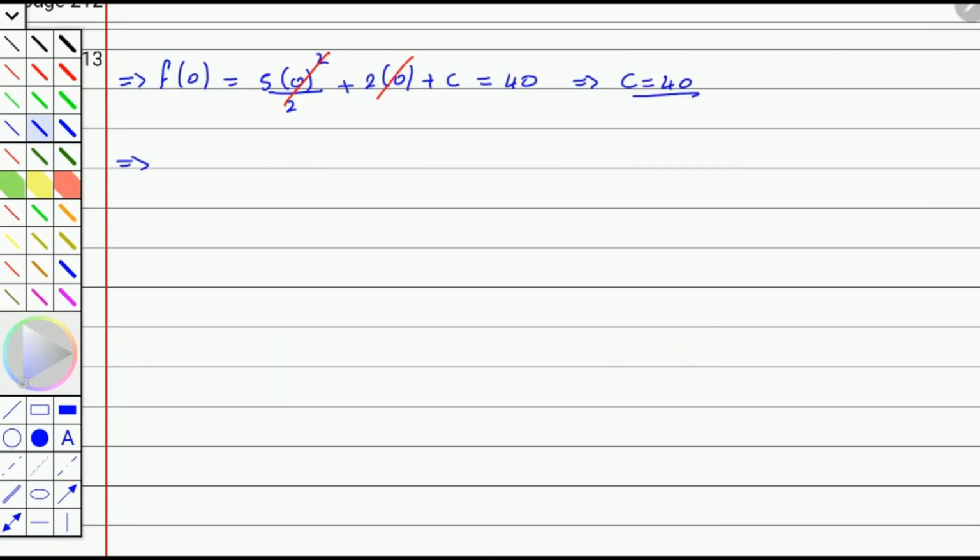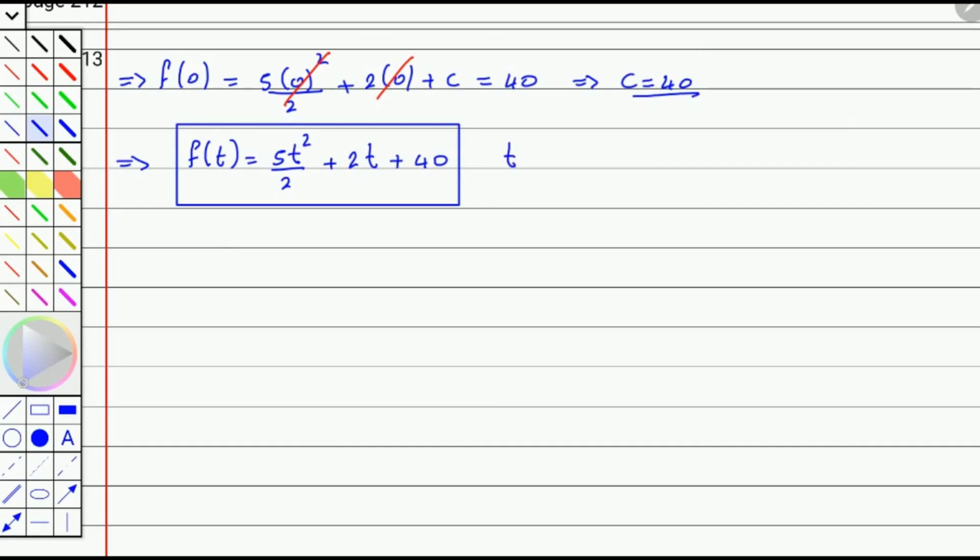And so the actual function f of t is 5t squared over 2 plus 2t plus 40, for t greater than or equal to 0. This is the condition. Anyway, we cannot have negative time instances, so we apply this to be effectively the domain of this function. And this is exactly the original function that the problem asks for.